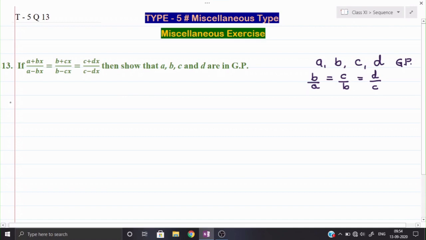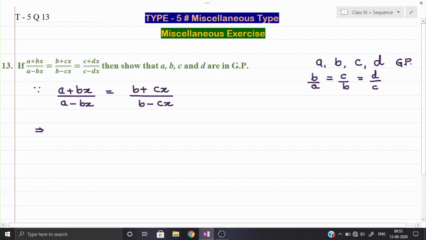First of all, I am taking two things. Since a plus bx upon a minus bx is equal to b plus cx upon b minus cx, let us cross multiply.